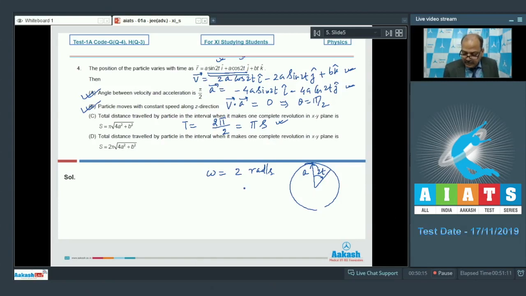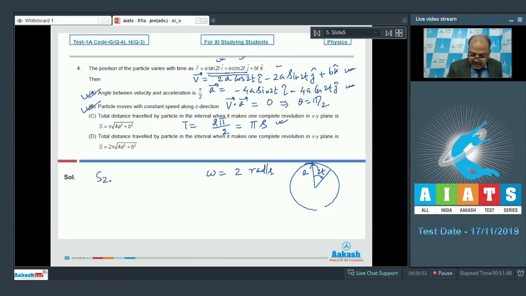So that means the angular speed of this radius vector is 2 radian per second, and so time taken to complete one revolution is 2 pi by 2 or pi second. Now this is the time taken to complete one revolution. Now what is the total distance traveled? So displacement along z axis will be simply b into t, that means pi b.